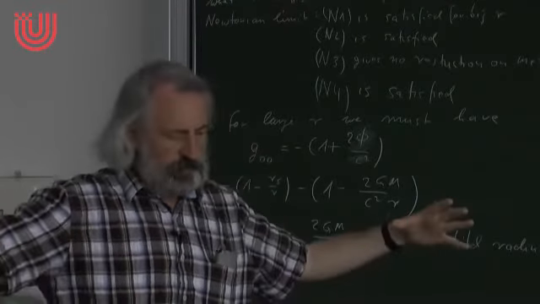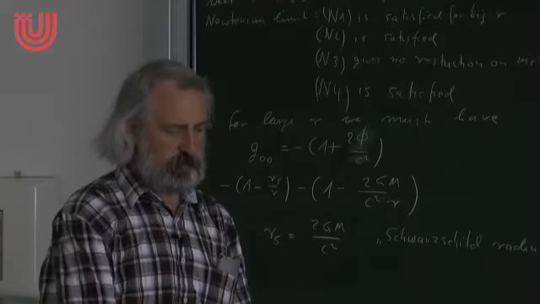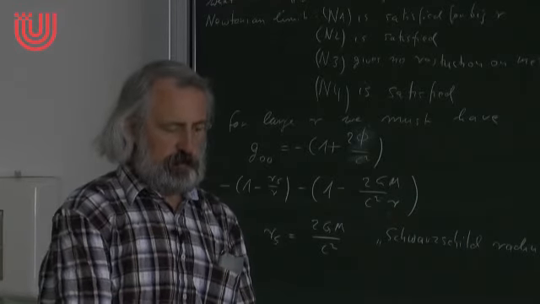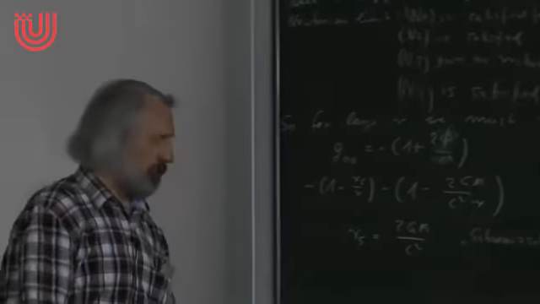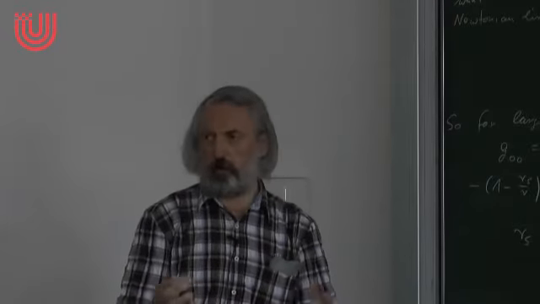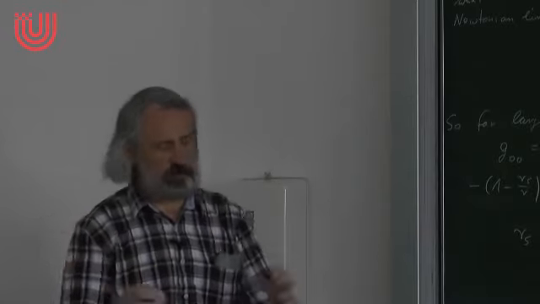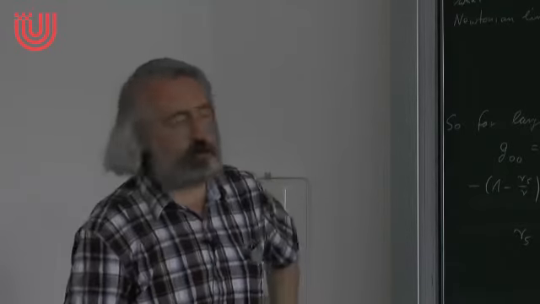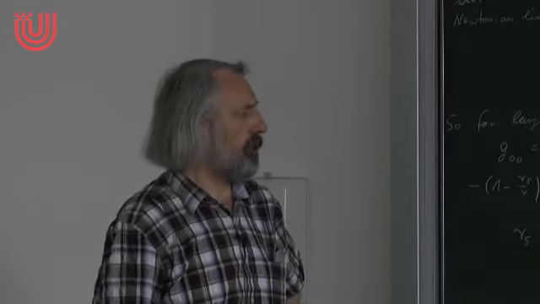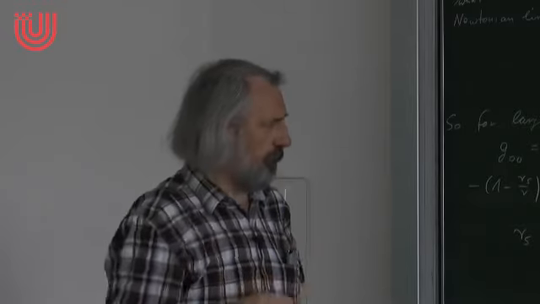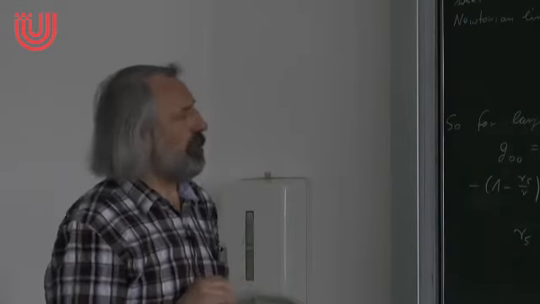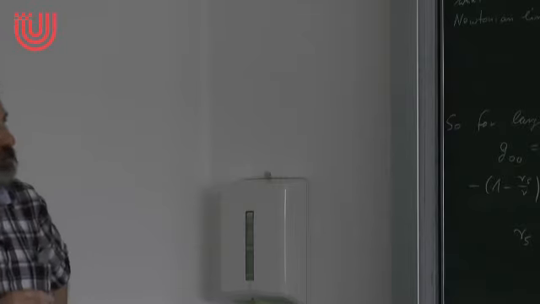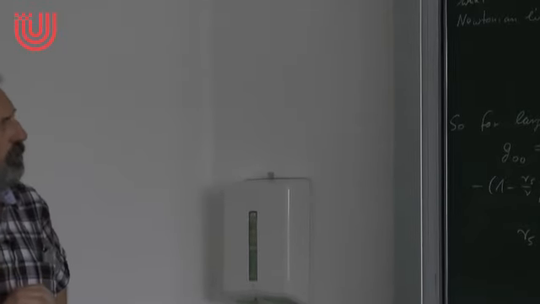So if you compress a body so strongly that its actual radius becomes smaller than this Schwarzschild radius, which is also sometimes called the gravitational radius, then it's no longer an ordinary star. It collapses into a black hole. That's what we will discuss fairly soon. But for the time being, we consider only bodies which are bigger than Rs, and then we have no problems with the singularity.